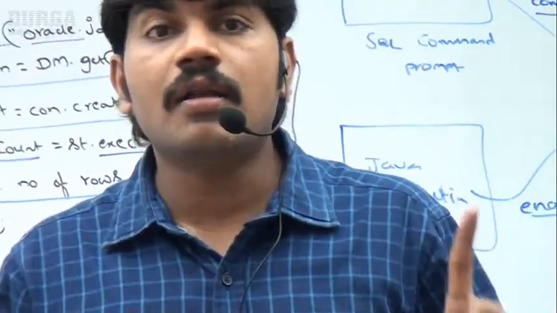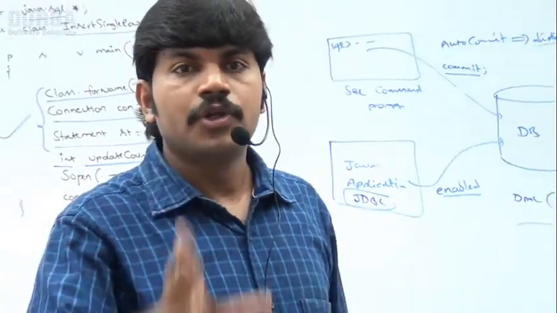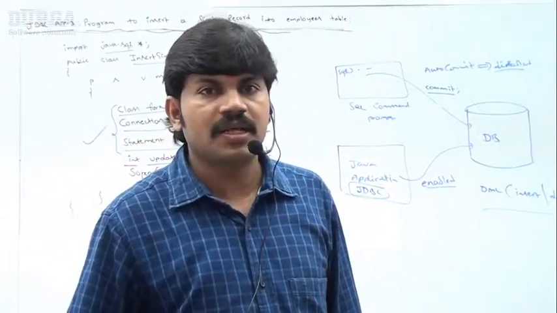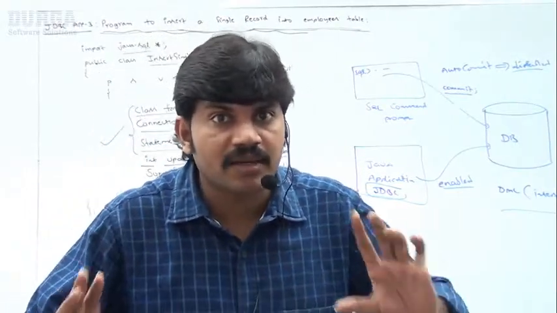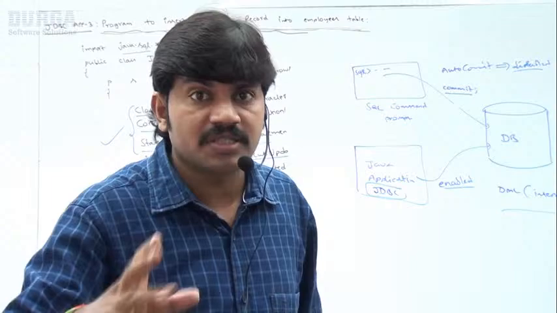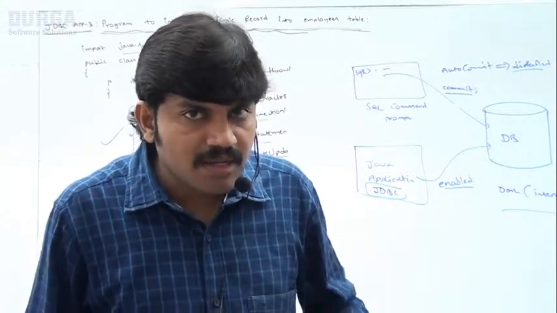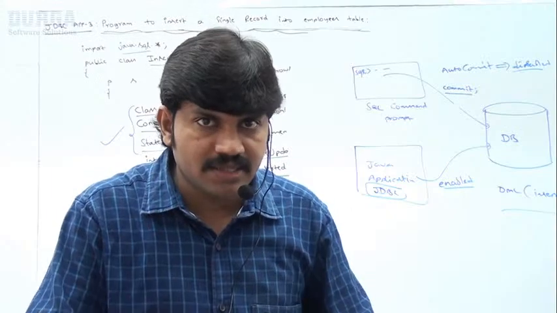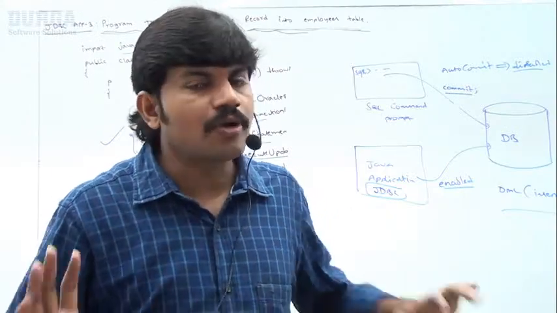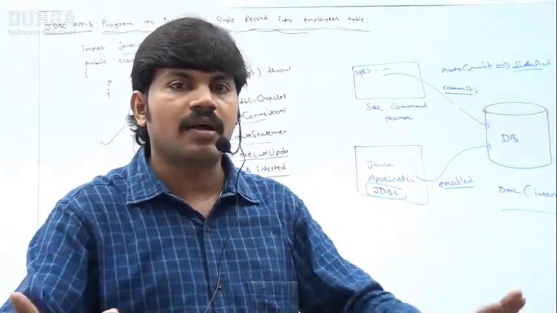Observe that. Sir, from the SQL command prompt, if you are performing any updations, compulsory we have to use commit operation, then only the changes are permanent. If you are not calling commit operation, those changes are available only for the current session. Once we close the command prompt, automatically the changes will be gone. Clear, right?